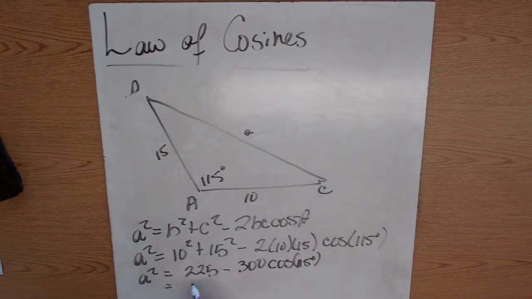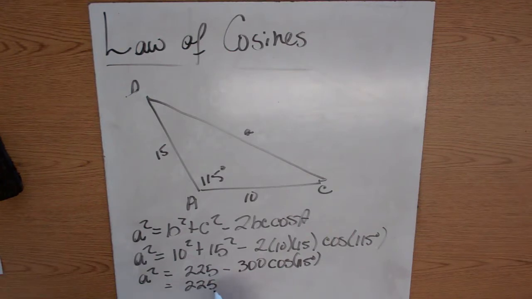So this equals 225 plus, because the cosine of 115 degrees is in your second quadrant, so it's negative. So your cosine of 115 degrees is negative, so it's plus 126.785.